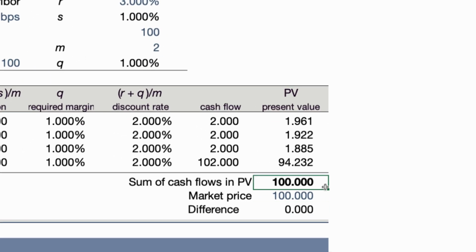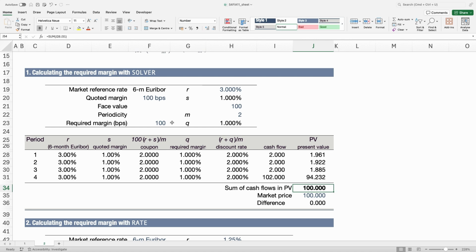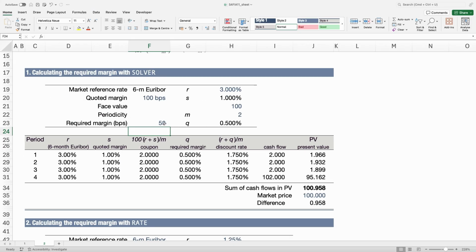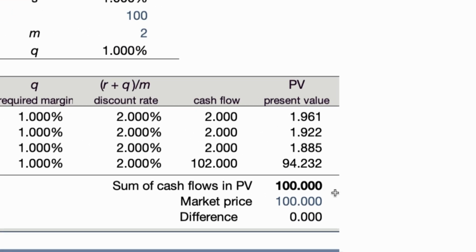If there's no change in the credit risk of the issuer, Serifer AG, and the required margin remains 100 basis points, the bond price on the coupon date will be 100. But if the required margin changes because of changes in the credit risk of the issuer, the bond price on a coupon date will be priced at a premium or at a discount.